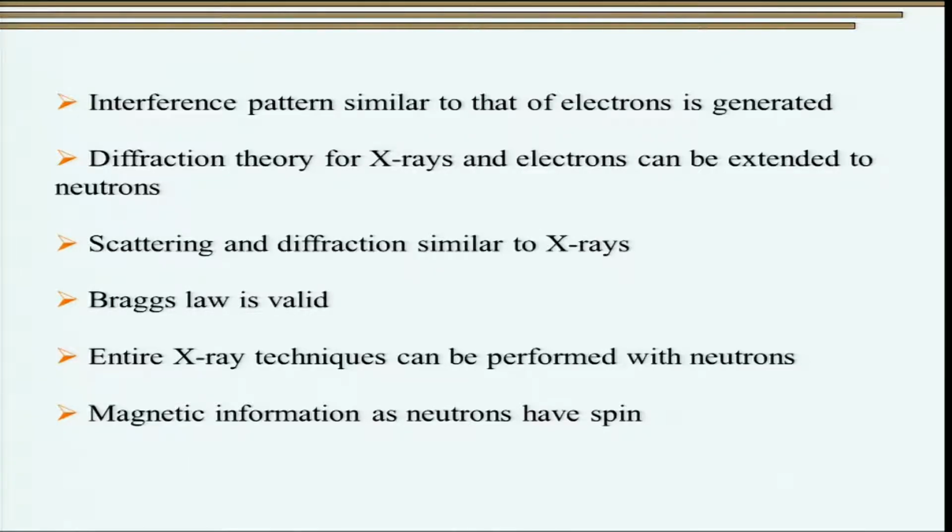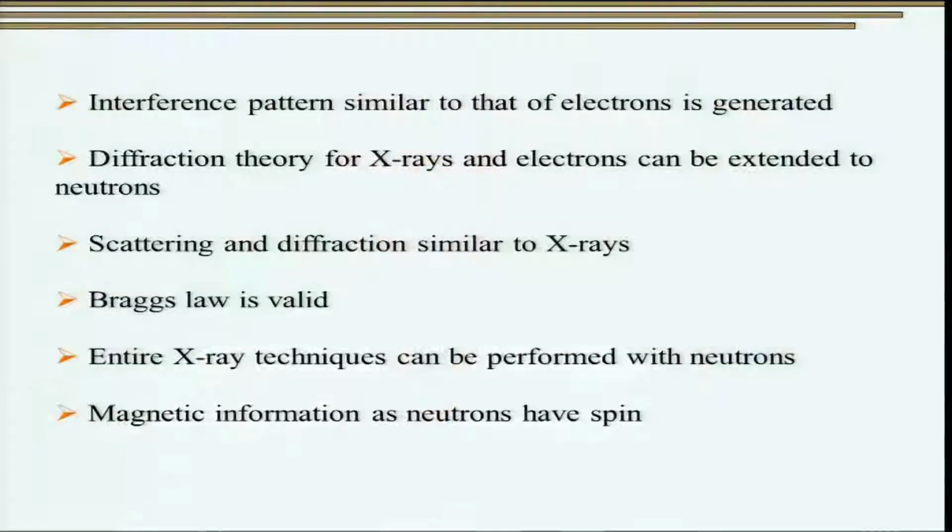The diffraction theory for X-rays and electrons can be easily extended to that of neutrons, and therefore, the scattering and diffraction principles that we employ for X-rays and electrons can be borrowed one-to-one for neutrons also. This actually ensures that Bragg's law is valid for neutron diffraction, and that we can carry out all the X-ray diffraction and scattering techniques that we talked about using neutrons.